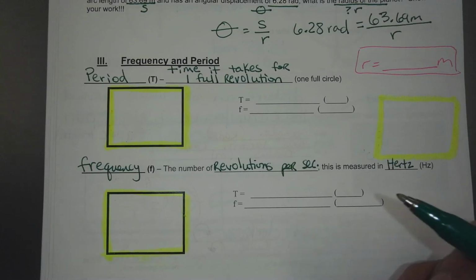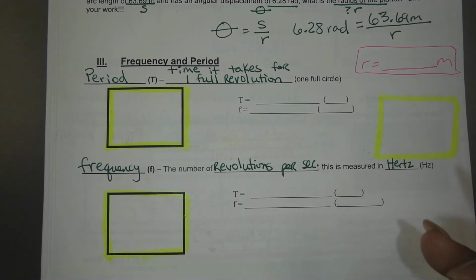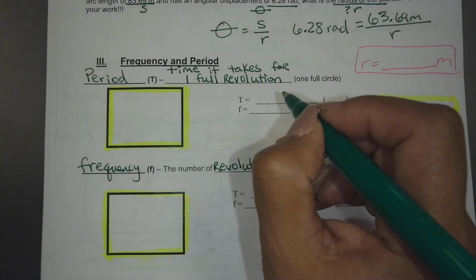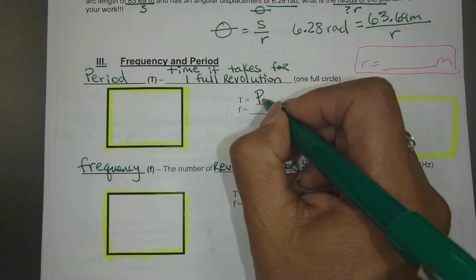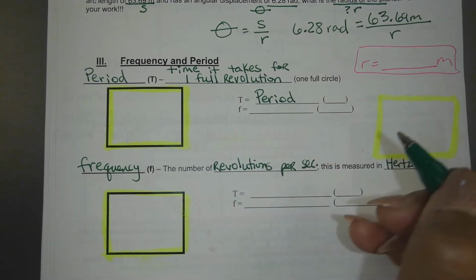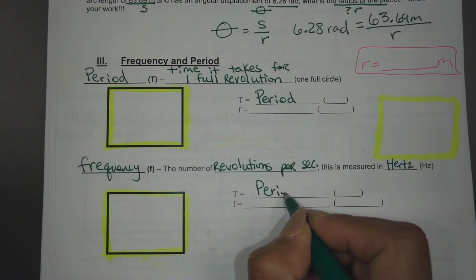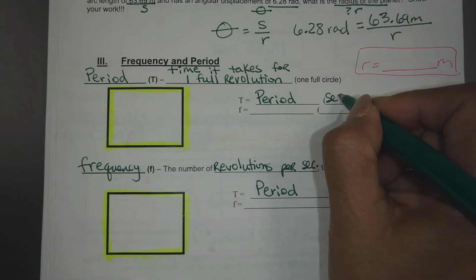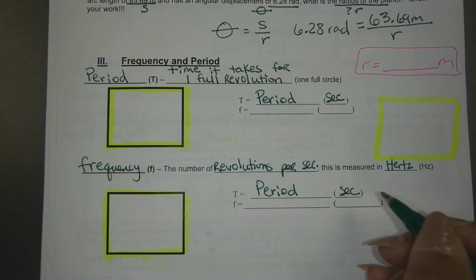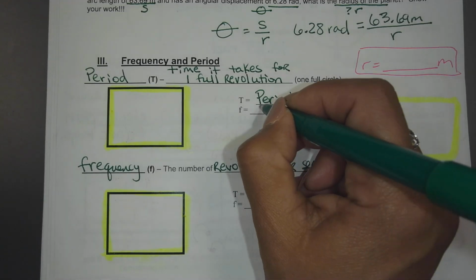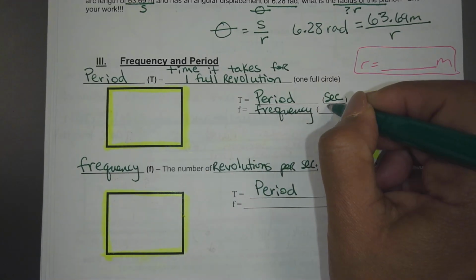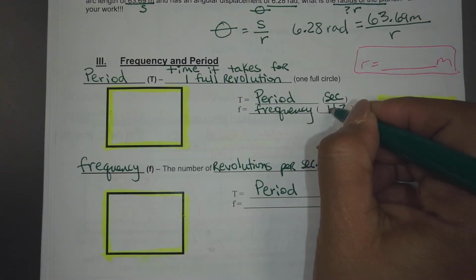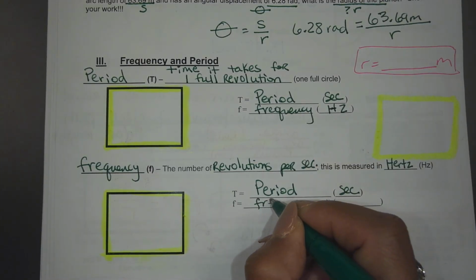And the great thing about these two equations is that they are inverse of each other, meaning they are opposite. Capital T, one more time, stands for period, which is in seconds. Lowercase f is frequency, which is in hertz, Hz.